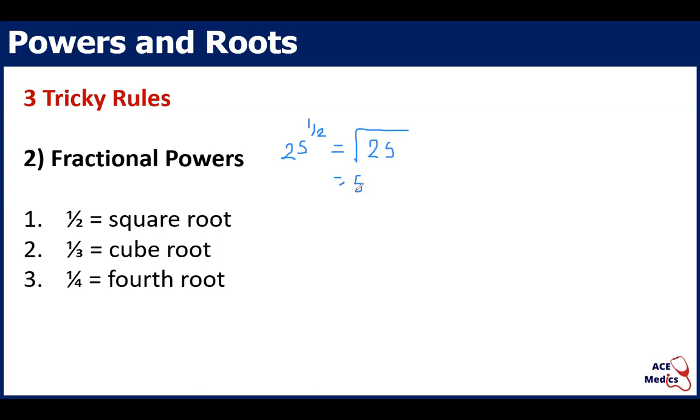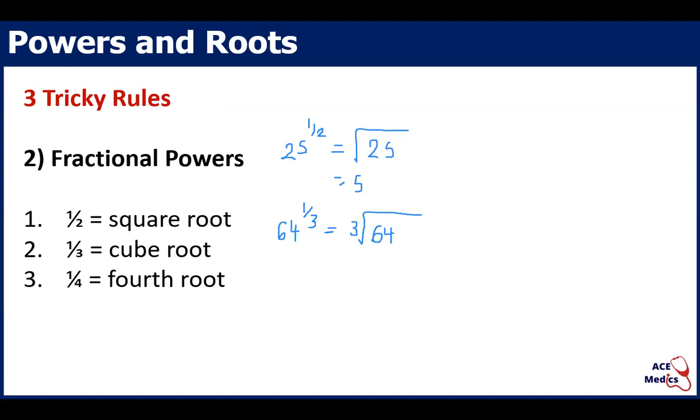If something is to the cube root, so say 64 to the power of a third, that is going to be a cube root. So remember, we write that 3 on the outside. We put 64 here.